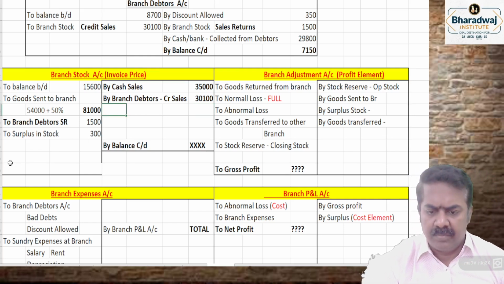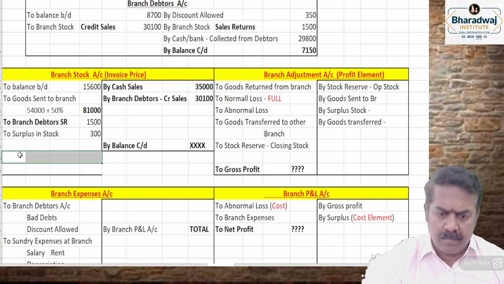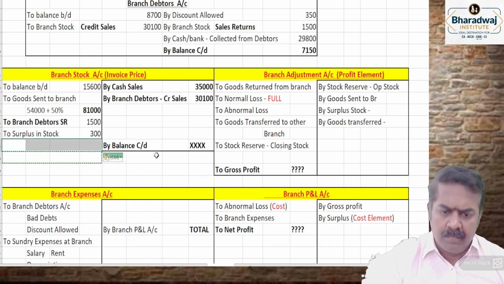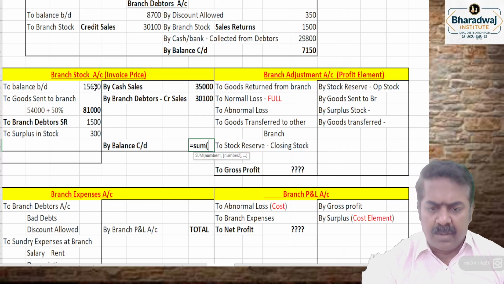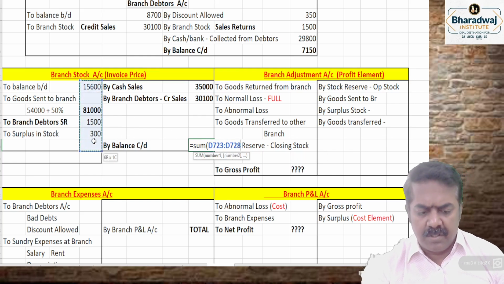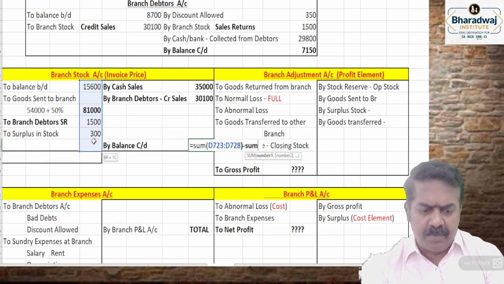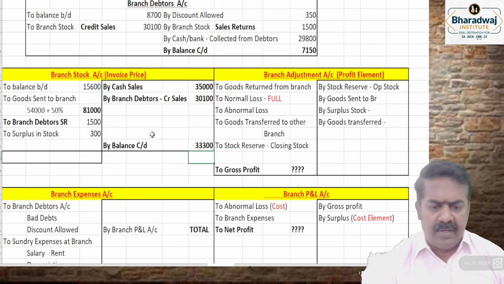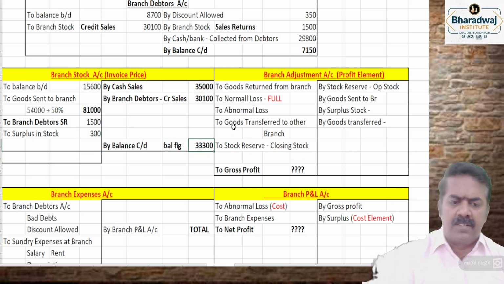No. Tally this, you will get the closing balance. In the question, no abnormal loss, no normal loss, no goods pilfered or goods destroyed, goods returned, nothing is there. We tally this, you get which one? Balancing figure, the closing balance.